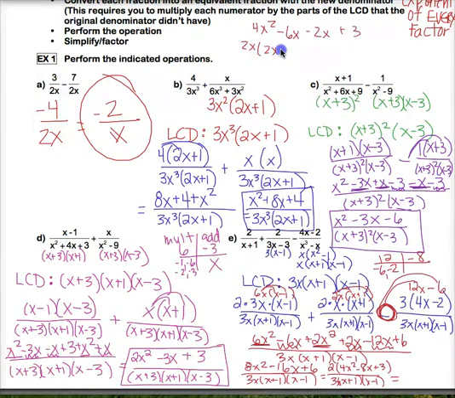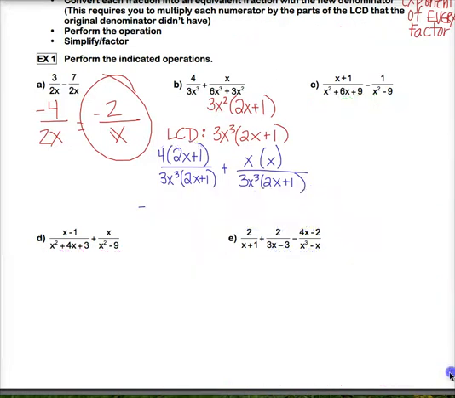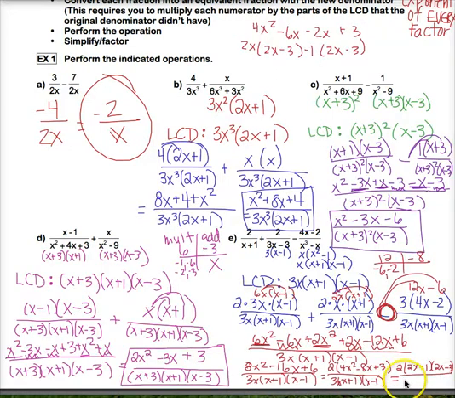It's 2x here. 2x minus 3 means this was a minus 1. So it's 2x minus 1 times 2x minus 3. So I've got 2 times 2x minus 1 times 2x minus 3 over 3x times x plus 1 times x minus 1. That is our final answer because it's fully simplified and factored.